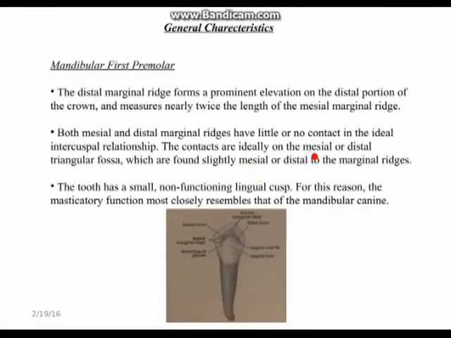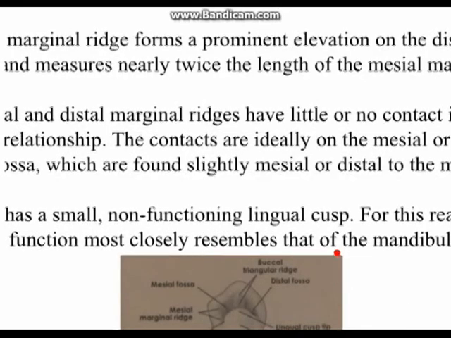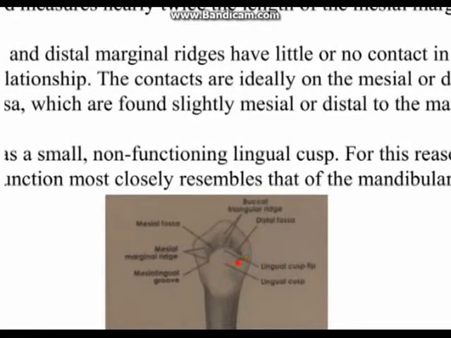The contacts are ideally in the fossa, which are found slightly mesial or distal to the marginal ridges. So these are the marginal ridges right over here. I have other pictures in further slides that are going to show you even more. This is the fossa right here. Triangular fossa. Okay? That's where the contact is going to be.